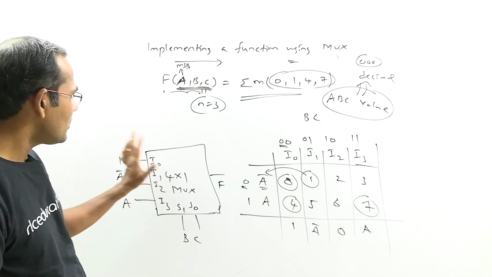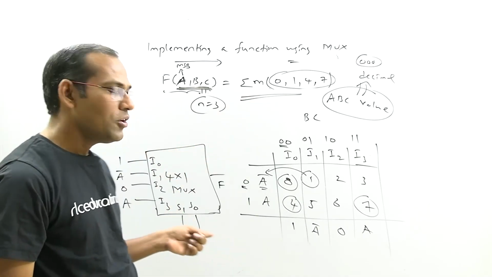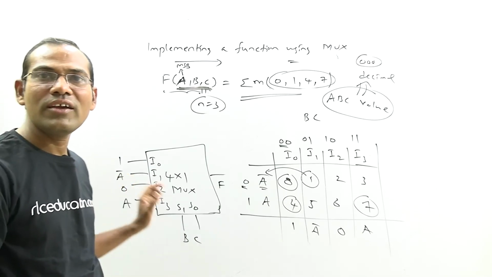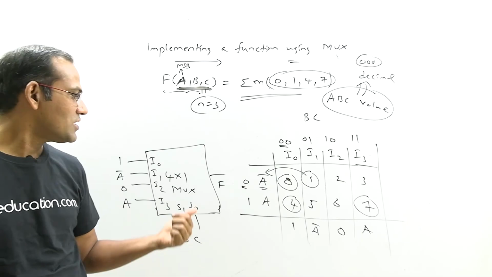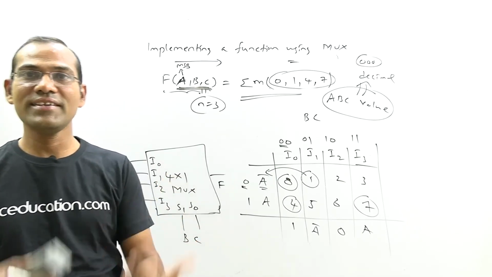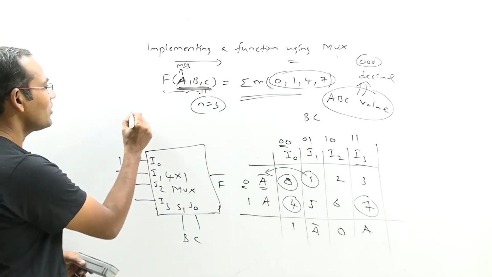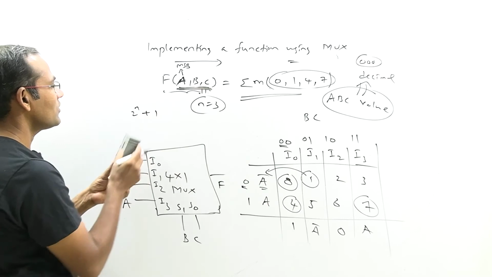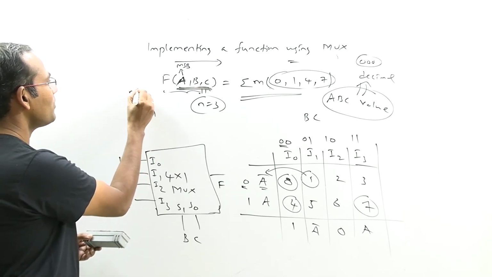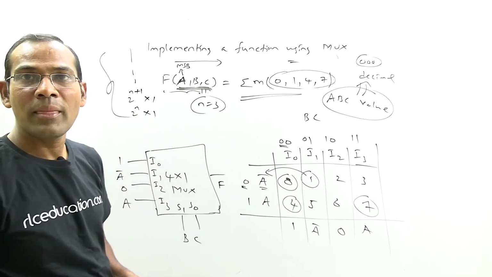That's the implementation of this function using a 4-to-1 mux. If you observe carefully, here A bar is there, so we require one NOT gate. That means in addition to this mux, one NOT gate is also needed. Whenever you go for 2 power n plus 1 by 1 mux and so on, that mux is enough.